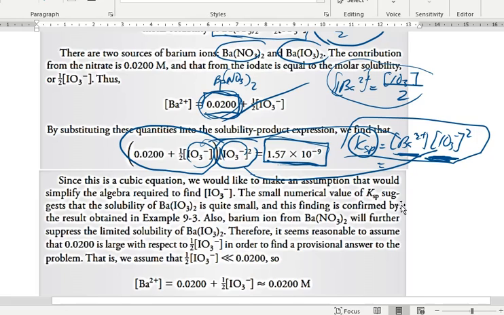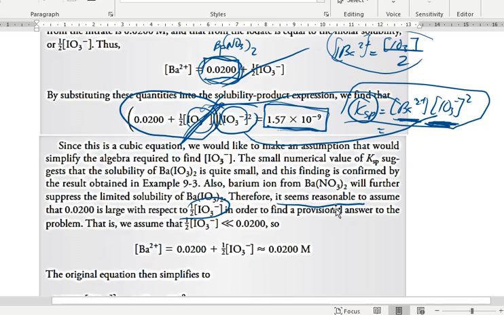Therefore, it seems reasonable to assume that 0.02 is large with respect to 1/2 IO3. So we can simplify this equation and remove this term.